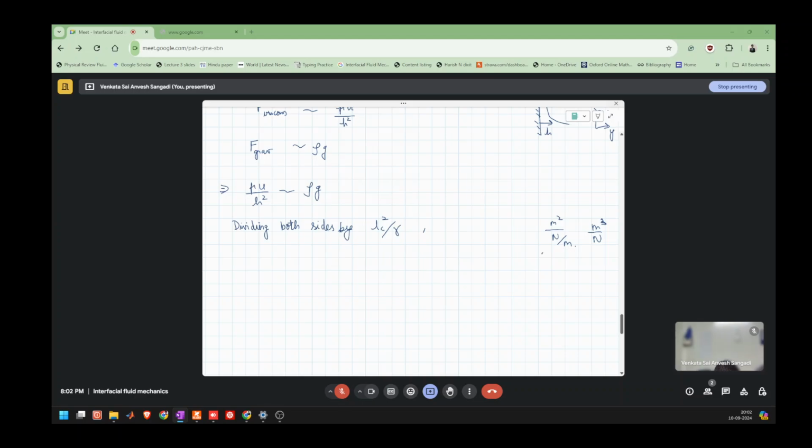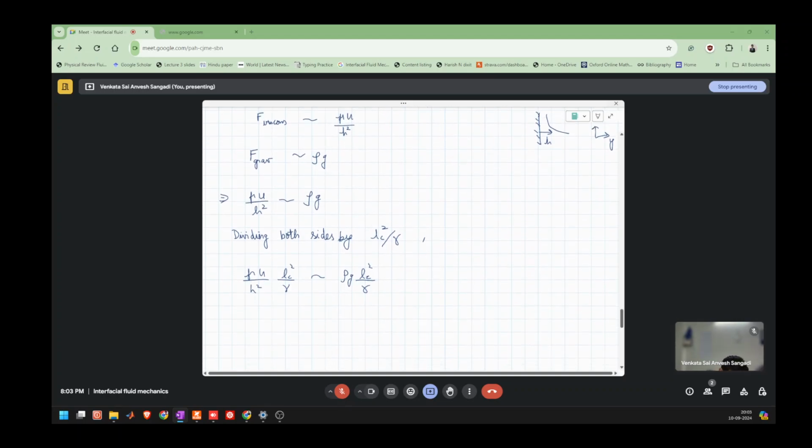So it is basically 1 by force per unit volume. Then once we divide that, we have mu u by h square times LC square by gamma scales as rho g LC square by gamma.